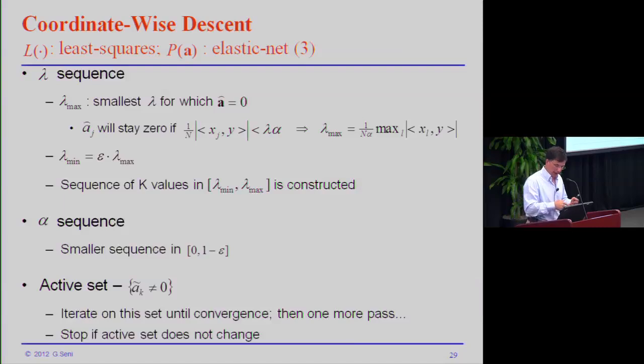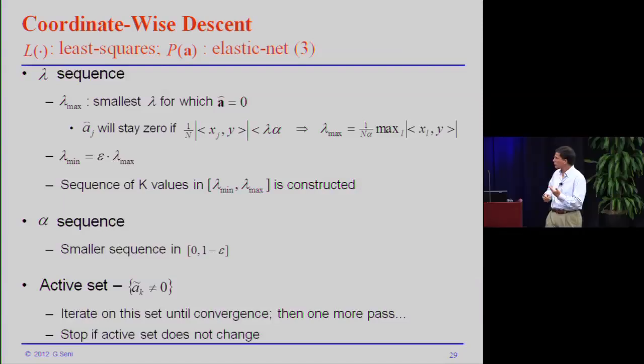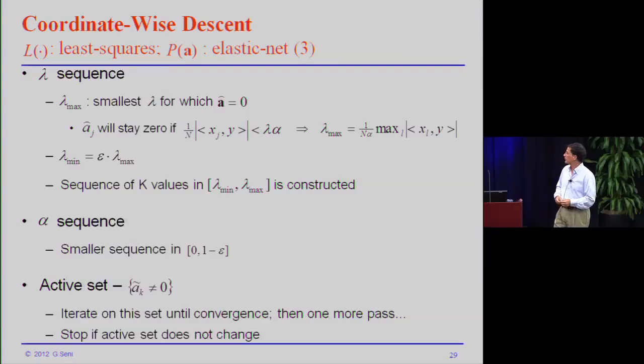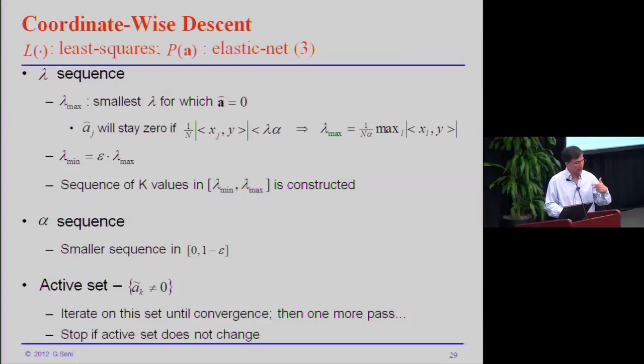An additional optimization that is added to the algorithm is this notion of the active set. So at every iteration, the set of variables that are non-zero. And then it stays on that active set until none of the variables change.